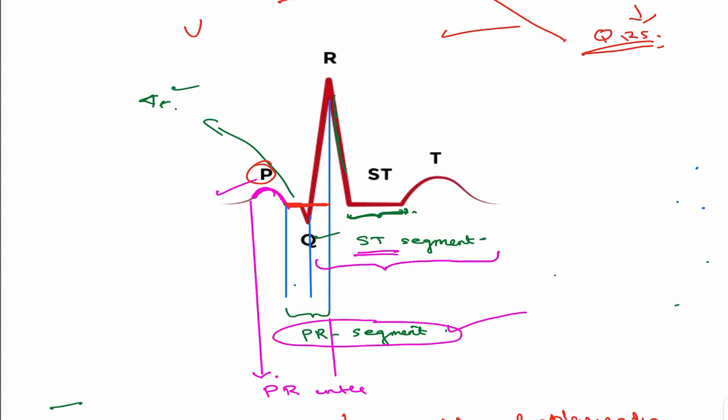So there are actually two waves included now and a segment. The ST segment is included, the T wave is included, and the QRS complex is included. So QT interval is QRS starting from Q, then the ST segment, and the T wave is also there.